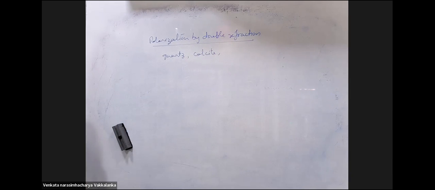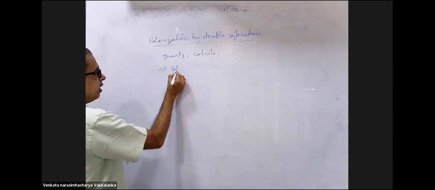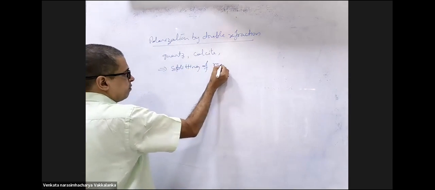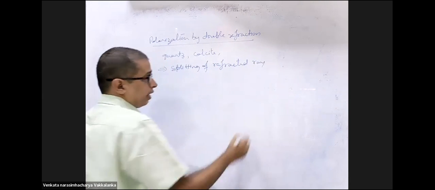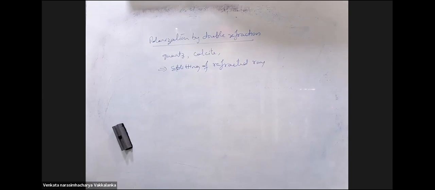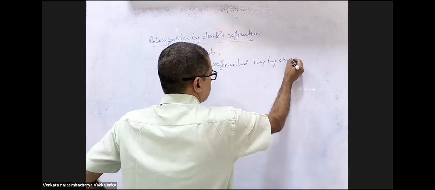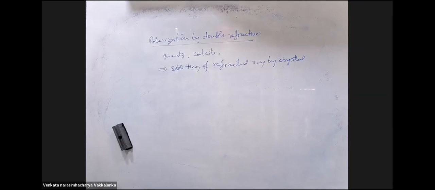The phenomenon is the splitting of the refracted ray by the crystal. This splitting of the refracted ray by the crystal leads to polarization. Right, here there are a few things.